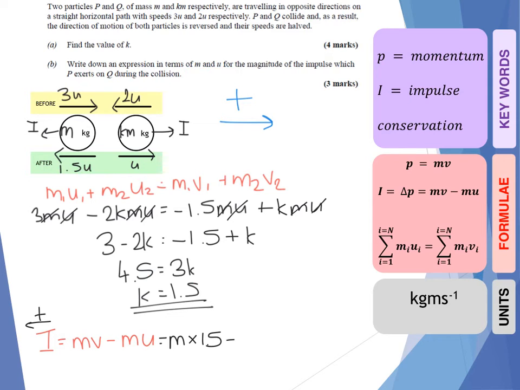And then I'm going to subtract the mass times the initial velocity, which is going in the negative direction, so it's minus 3u. So a little bit of simplifying, we've got 1.5 lots of mu minus 3 lots of mu, so in total we've got 4.5 lots of mu.